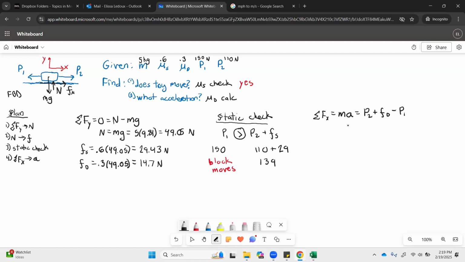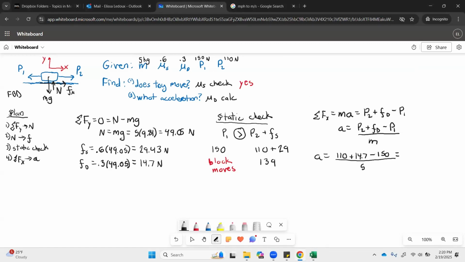And so now we can just solve out here, acceleration equals P2 plus FD minus P1 all over mass. So A equals, if we just load our numbers in, P2 is 110 plus the dynamic friction is 14.7 minus P1 is 150 over the mass, which is 5.